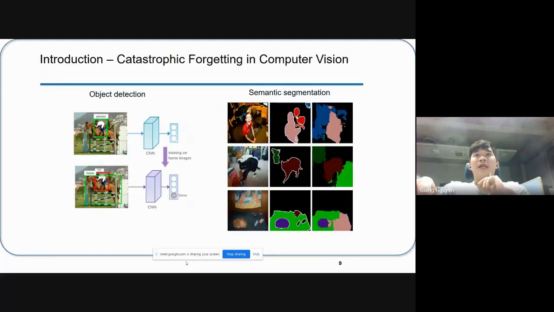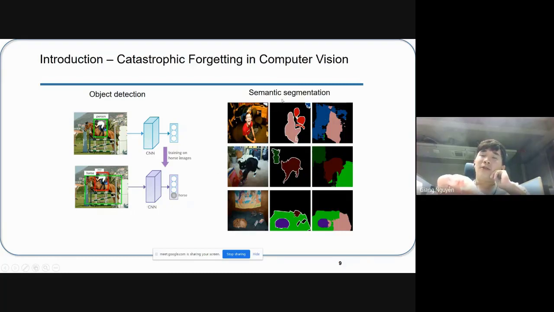Catastrophic forgetting naturally happens in computer vision. For example, in object detection, firstly we train on person, then we train on horse. But at this time, the model fails to detect person and detects only horse correctly.